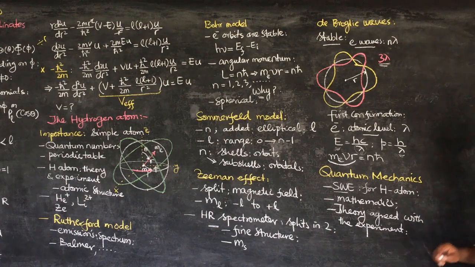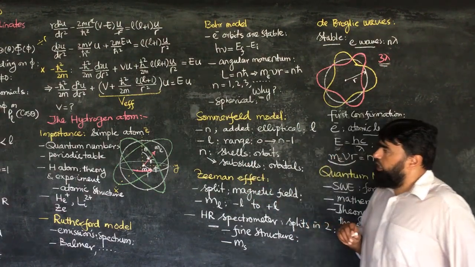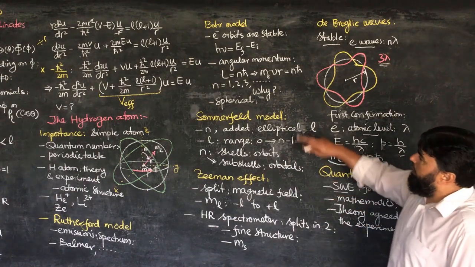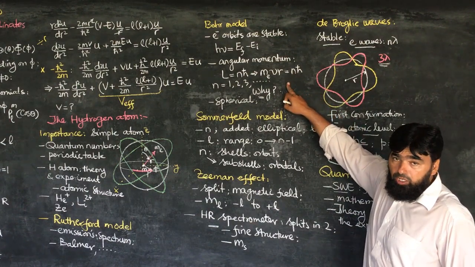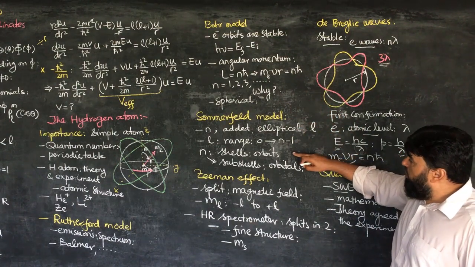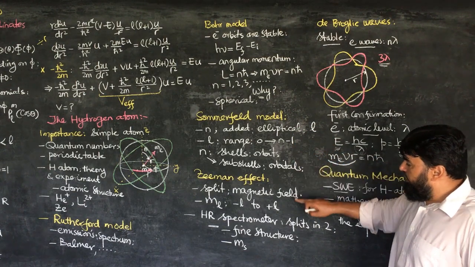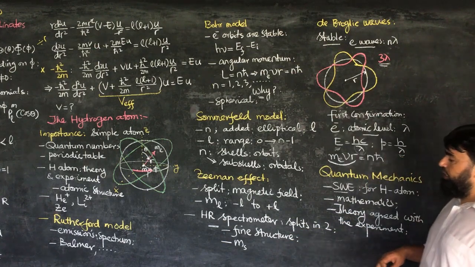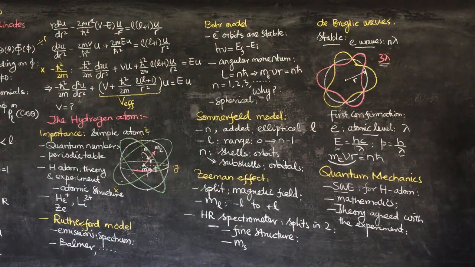That's the reason we solve the hydrogen atom in quantum mechanics, in order to account for all the assumptions, like the principal quantum number, the orbital quantum number, the magnetic orbital quantum number, and finally the magnetic spin quantum number. We will derive all these directly from the mathematical solution of the Schrodinger wave equation.